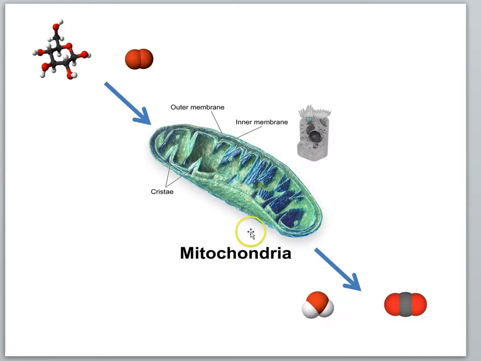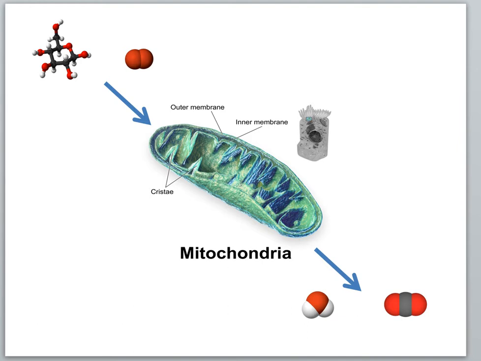We've already been learning that mitochondria are critically involved in producing energy, and they do so by helping to break down sugar, glucose, in the presence of oxygen. The structure produces a lot of energy molecules and then waste products of water and carbon dioxide. So we often think of the mitochondria as the power plant of the cell. It produces energy by, in a sense, burning sugar in the presence of oxygen.